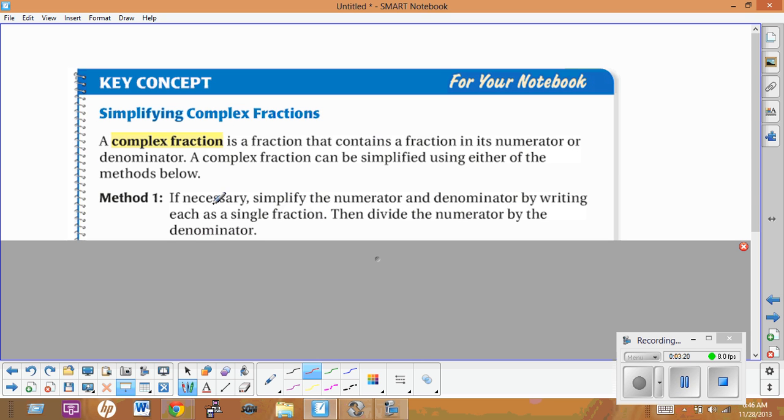The first step, if necessary, is to simplify the numerator and denominator by writing each as a single fraction. Second step, then we're going to divide the numerator by the denominator. All right, let's go ahead and pause the video and answer the questions on the form. When you're done with that, we'll actually work out an example. So let's go ahead and do that now.